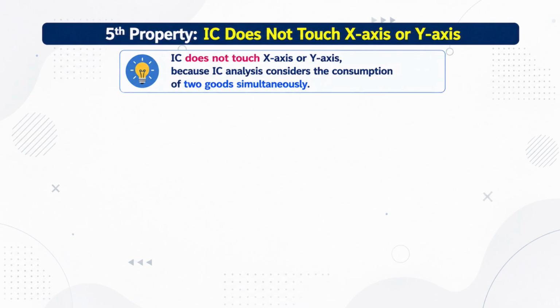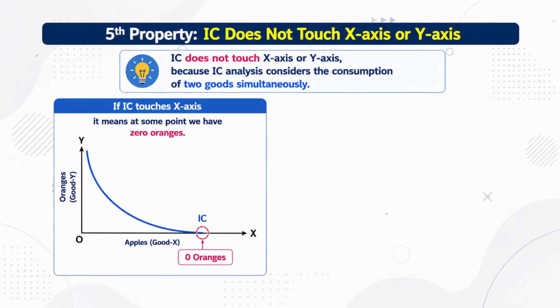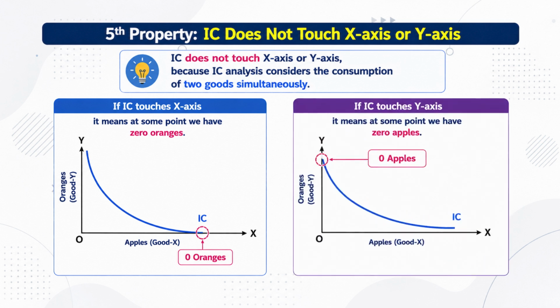If the indifference curve touches the x-axis, the consumer would have some quantity of apples, but zero oranges. Similarly, if the indifference curve touches the y-axis, the consumer would have some quantity of oranges, but zero apples. In both cases, the consumer would be consuming only one of the two goods. Therefore, an indifference curve does not touch either axis.